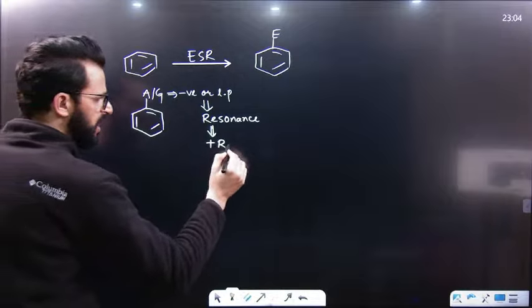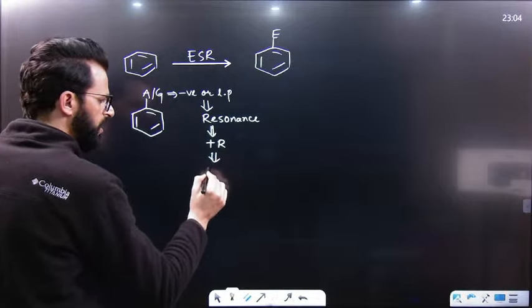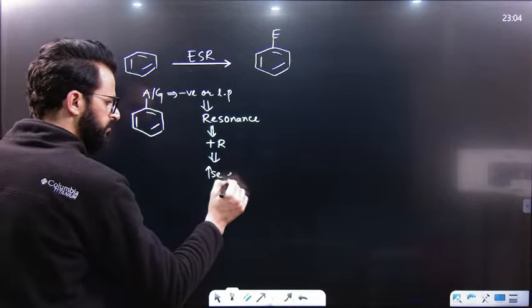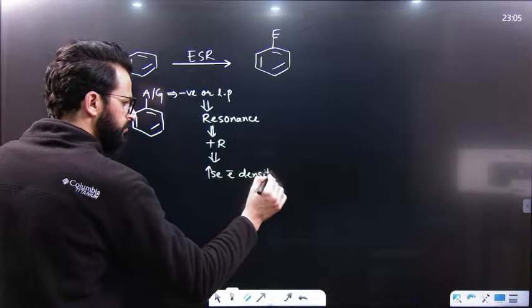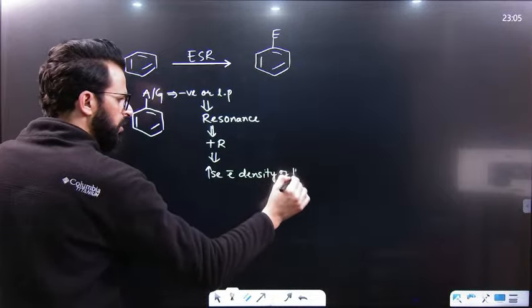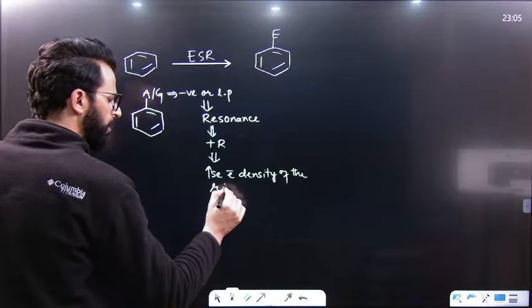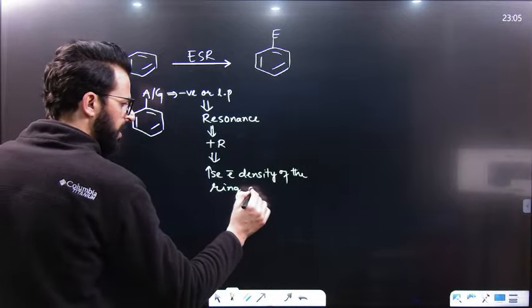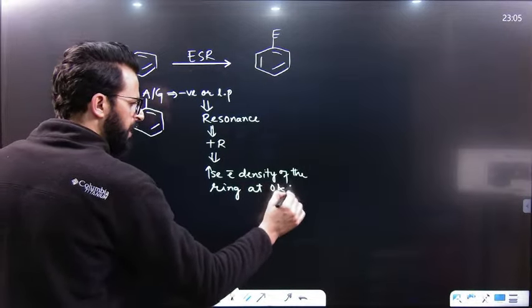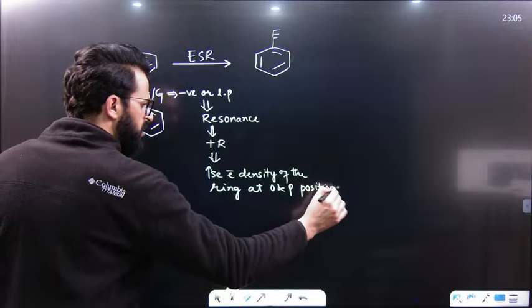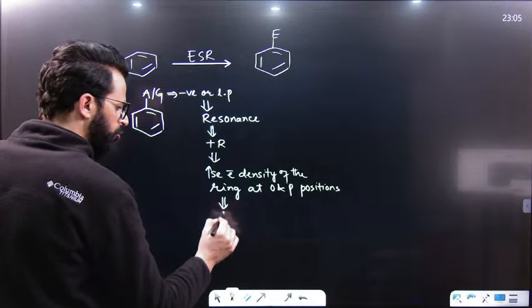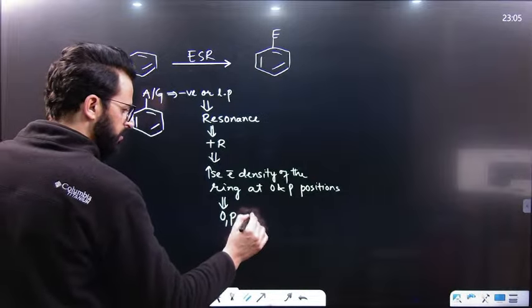When they show plus R effect, they will increase the electron density of the ring at ortho and para positions. So such groups are known as ortho para directing.